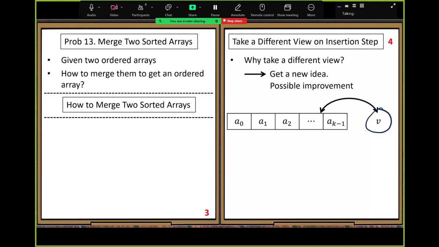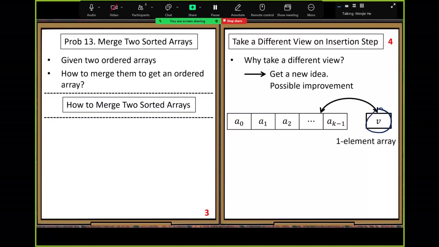But here, we change our view slightly. Can you modify this old insertion view to make a merge view? Our goal is merge. So we want to adapt our view to the merge operation. That's the difference we need to make.